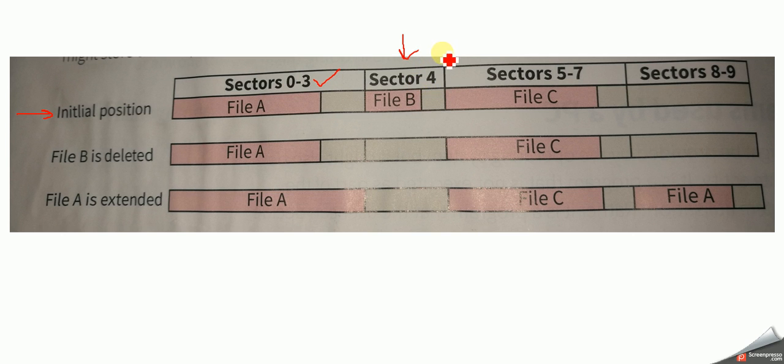So you've still got space on sector 4, so I'm going to put an S for space. Sectors 5 to 7, file C, is 2 sectors full, and sectors 8 to 9, empty.